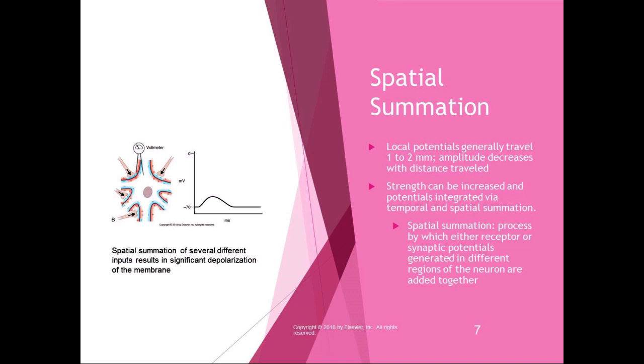Remember how we said some of those spinal motor neurons and Purkinje cells in the cerebellum receive thousands and hundreds of thousands of inputs? That's spatial summation. Lots of different inputs into the same neuron to get a more significant depolarization.